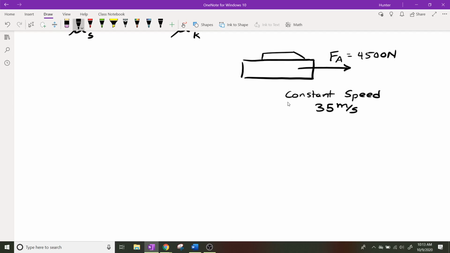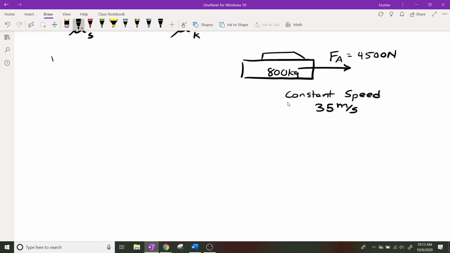You can't say pounds. 800 kilograms ish. Okay. Why don't we go with that? Why don't we say that the car has a mass of 800 kilograms ish, and we know that this thing is going at a constant speed.